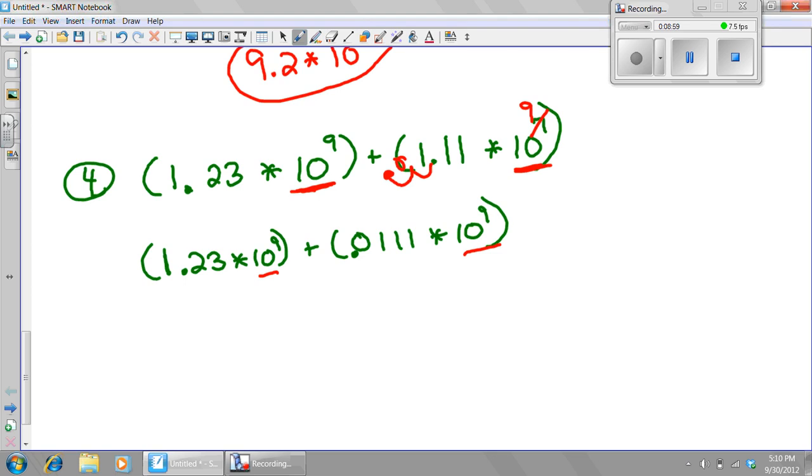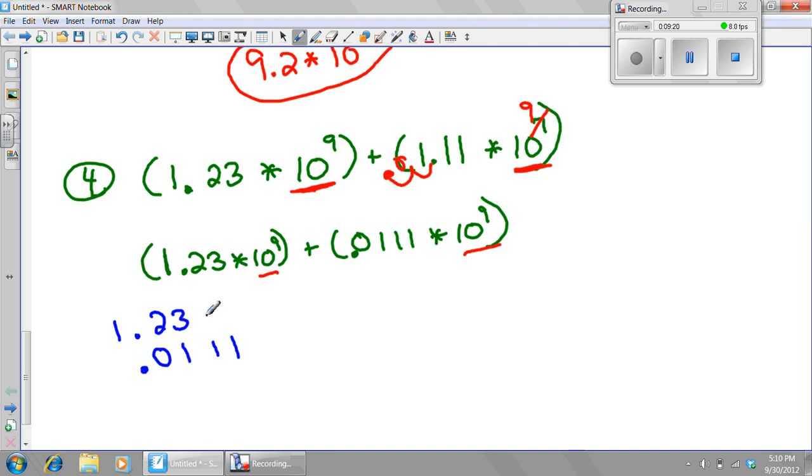So for this one, I'm not going to do it in my head. I'm going to take the 1.23, and I'm going to line this one up with it. I'm going to line up the decimal points, and then my first digit is a 0. My next digit is a 1. Then I have 2 more 1s. What am I going to put above these 1s here?